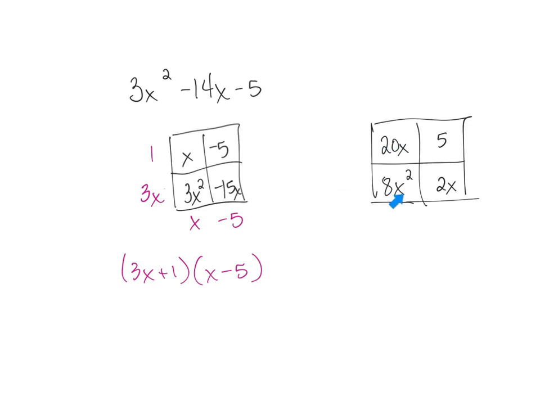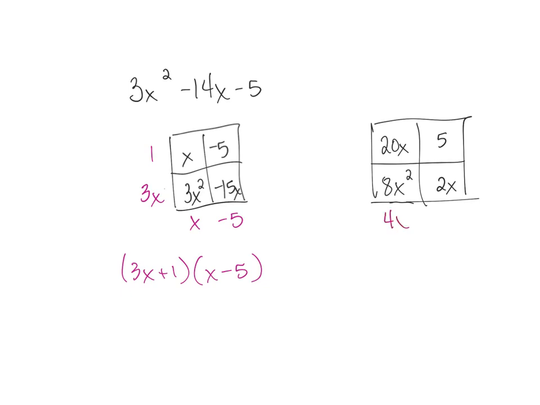Sorry, I was thinking 2x was the greatest common factor for both of these. That's not the case here. So 8x squared and 20x, they're both divisible by 2x, but they're also both divisible by 4x. And when we do this, we want to factor out the greatest common factor, not just a factor. That was what my problem was.